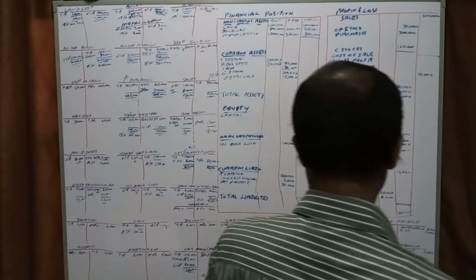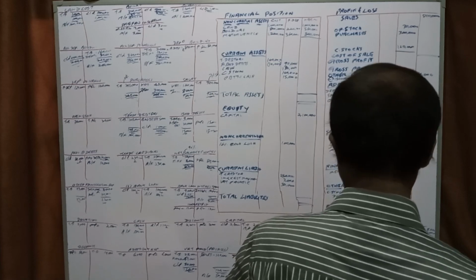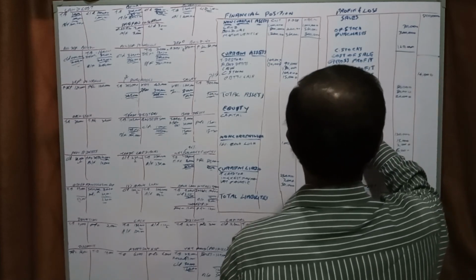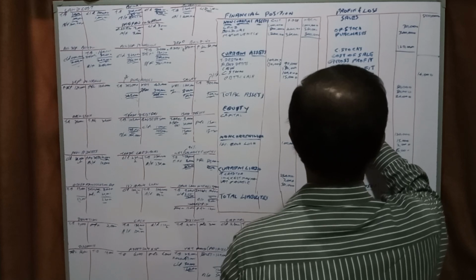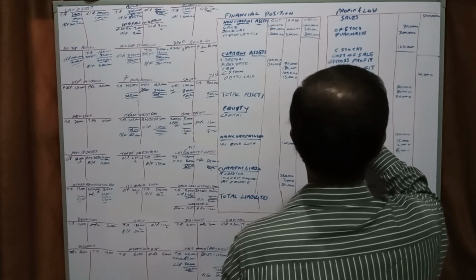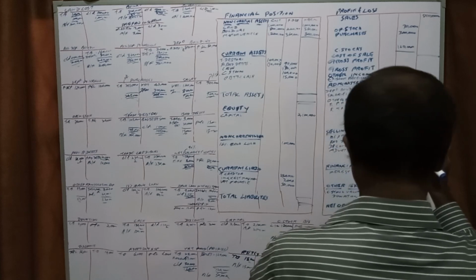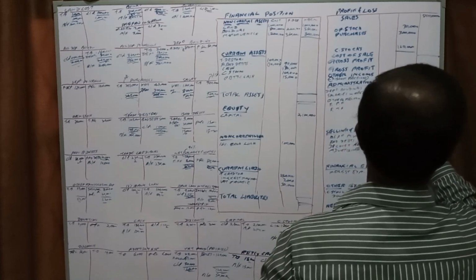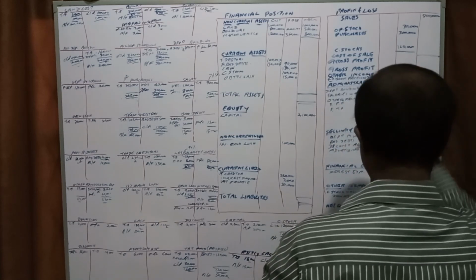Next one is EPF and ETF expenses. ETF is 2,400.